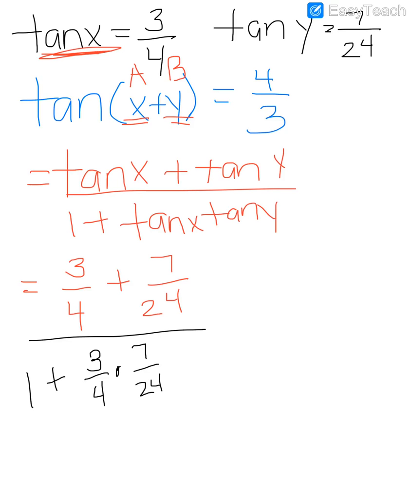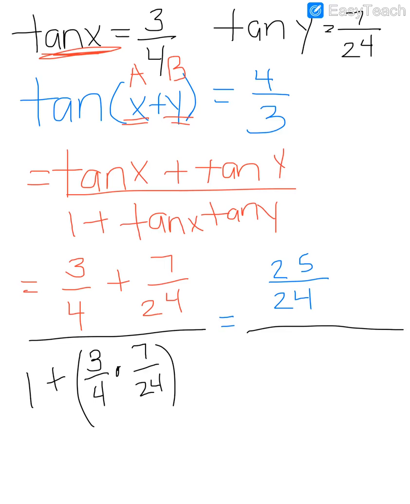So really gross fractions that we're dealing with, but in your numerator, if you add 3 over 4 plus 7 over 24, you should get 25 over 24. Okay? And your denominator, 1 plus, and if that guy's in a bracket.